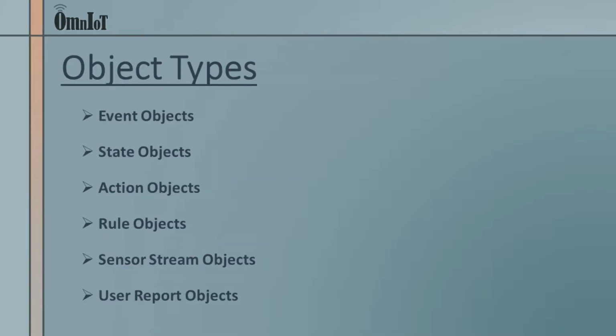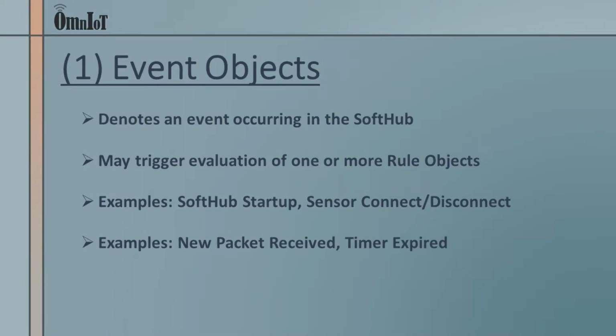Quickly, we'll run through the 6 object types and give some general examples of each. For most object types, there will be many subtypes available for the user to choose from when building their configuration files. The first object type we'll talk about are event objects. As events occur or are detected by the various components of the SoftHub, an event object is written to a global queue to be processed by the rule engine.